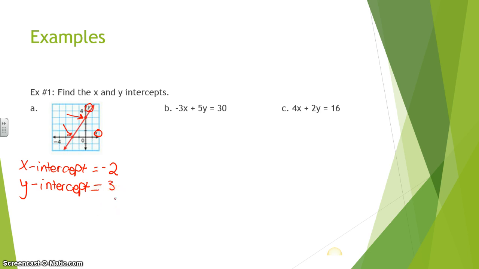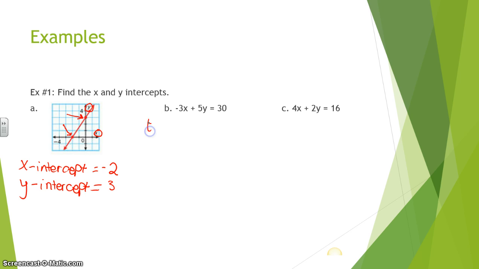Looking at example B, we have this equation, and it's not necessarily a graphed line, but we need to find the x-intercept and the y-intercept.